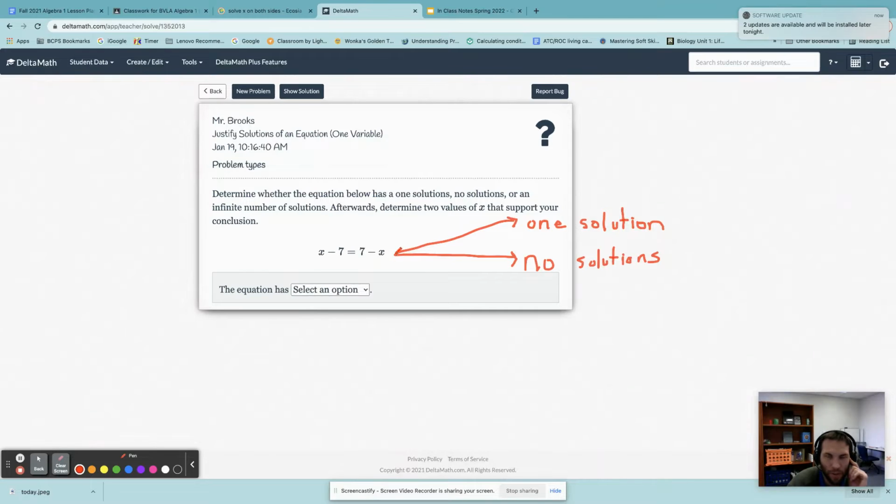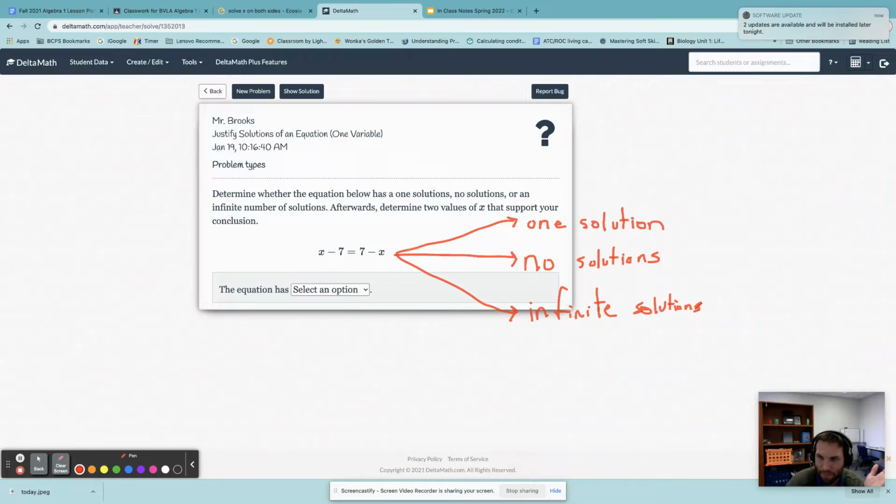And then the third thing that could happen is you could have what's called infinite solutions, which basically means that anything works, any number will work and the equation will be true. Okay, so you're going to have one of three things happen.